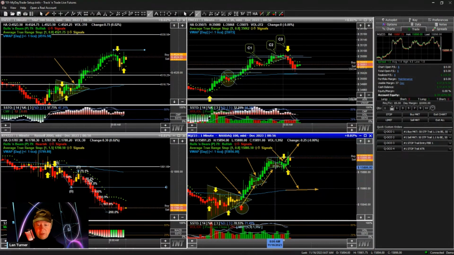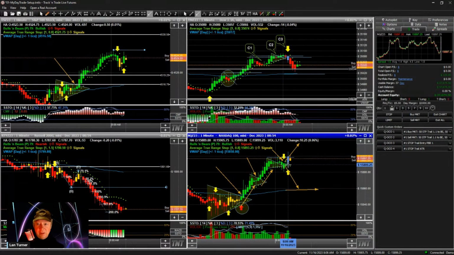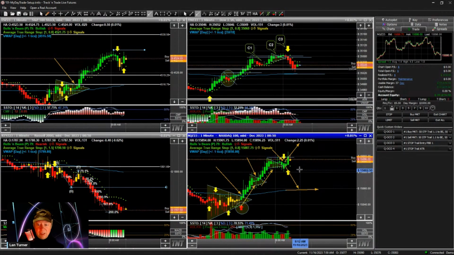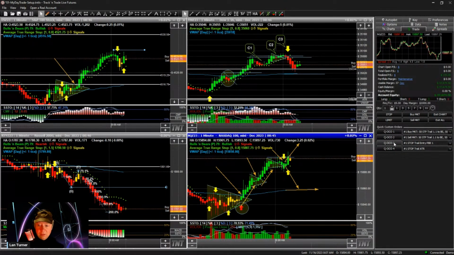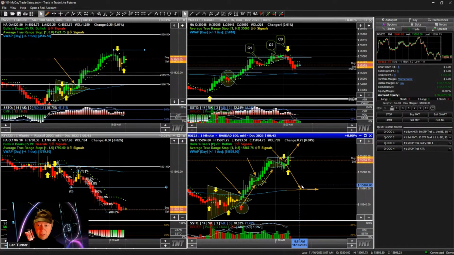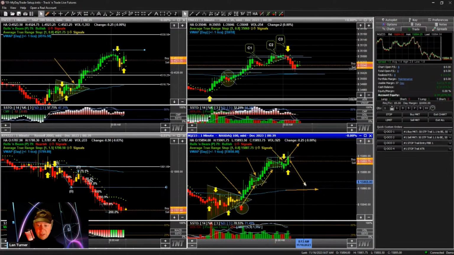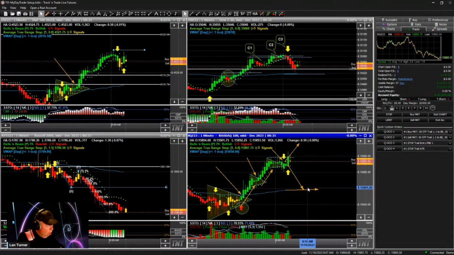So we drive 1, drive 2. I thought the drive 2 was going to fail. And there it still might. So our short position would be on a break below the previous low, which would be this arrow, this line. But in this market, that's a lot of money.